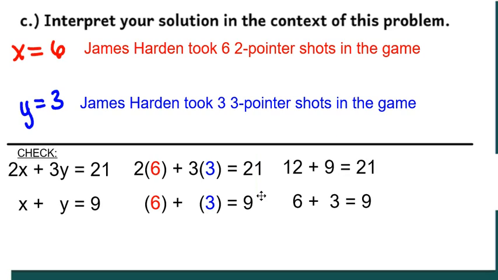Then we evaluate each term. We want to know if the top equation actually equals 21 and if the bottom equation actually equals 9. And it's true. These values make both equations true. So, we did it correct. Good job.